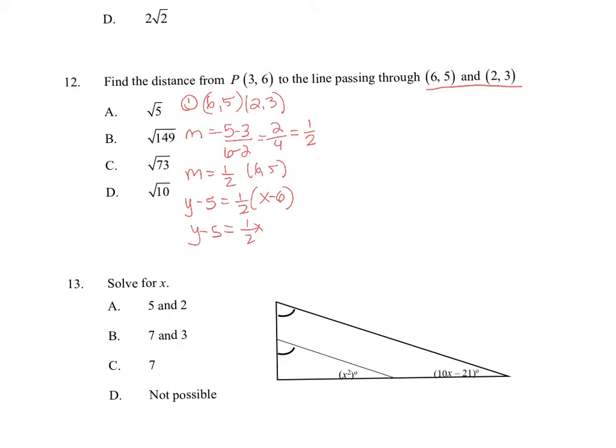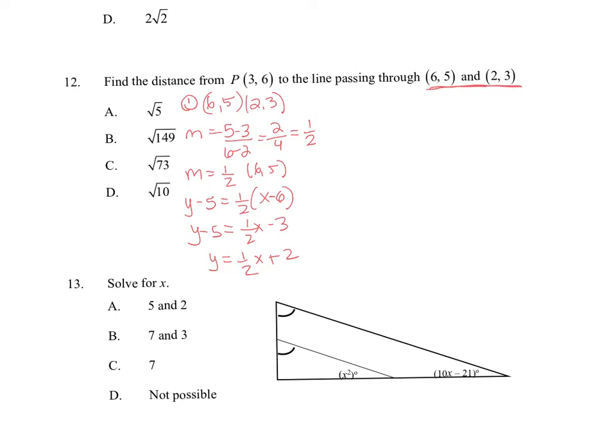So I'm going to do the distributive property, and then I'm going to add 5. So I'm going to have y equals 1/2 x plus 2, and that is going to be the equation of the line through these 2 points. So that's our first step.